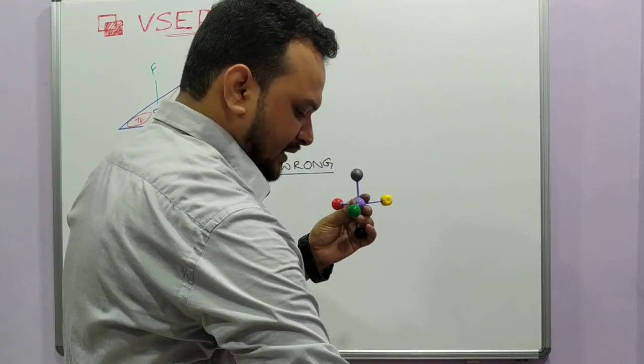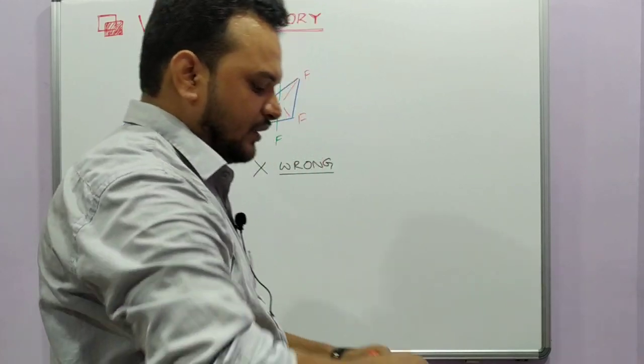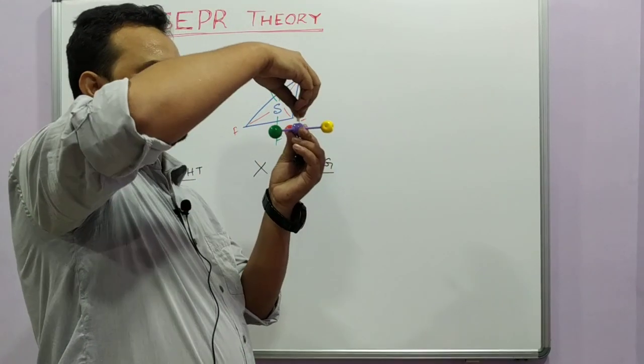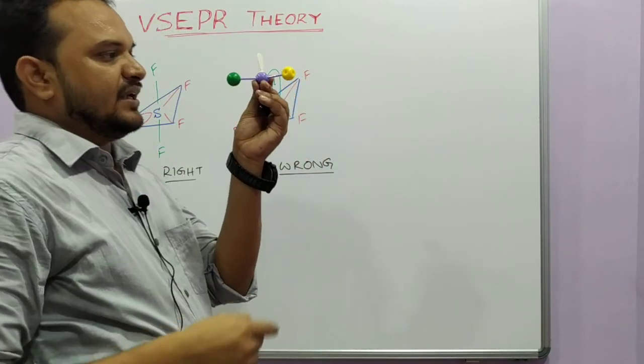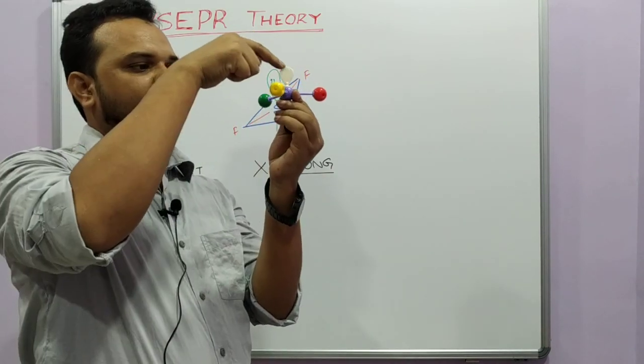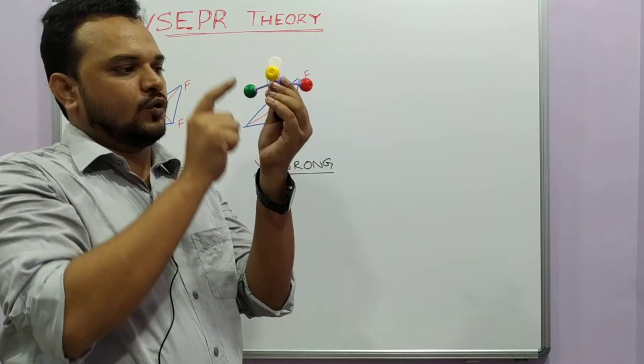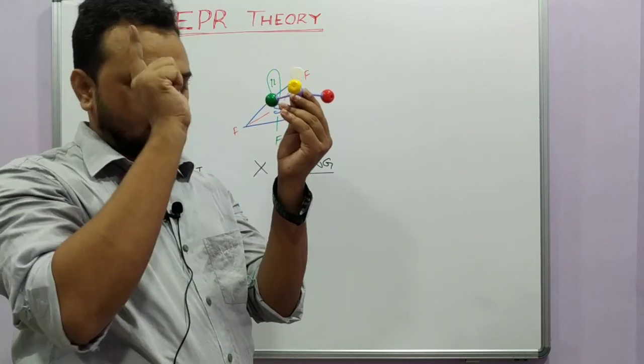Now if I place one lone pair at the axial position, then we have 3 lone pair bond pair repulsions at 90 degree and 1 lone pair bond pair repulsion at 180 degree.